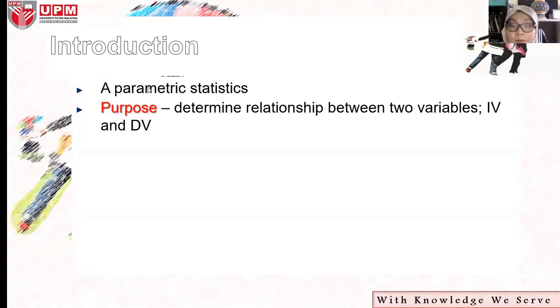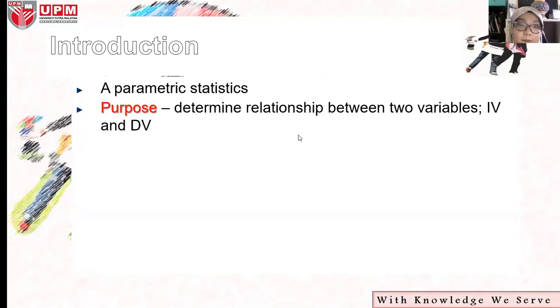Because it is a parametric statistic, both the independent variable and dependent variable of your study must meet the assumption of normality. The purpose of running the Pearson product moment correlation analysis is to determine the relationship between the two variables, IV and DV.